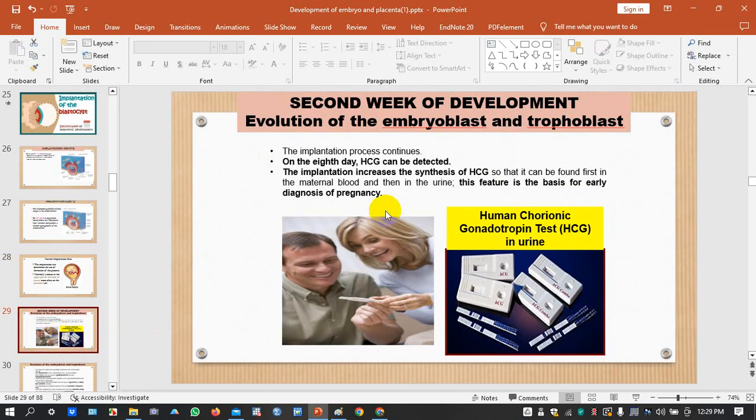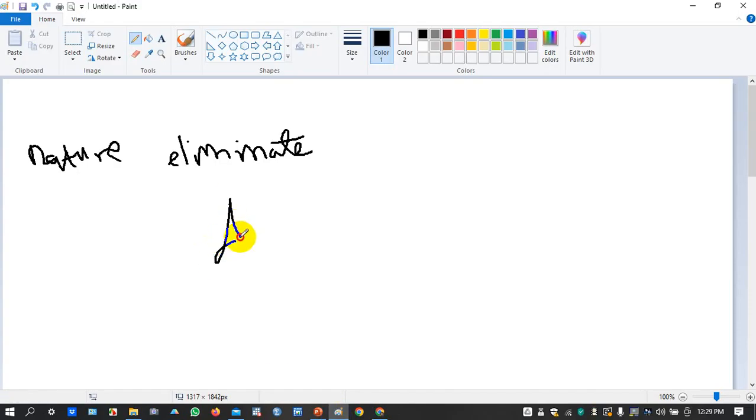Okay, so the pregnancy test, the women know it. This is the hormone human chorionic gonadotrophic hormone that we test for, and this is a direct ELISA method. We test it using the direct ELISA, that's enzyme linked immunosorbent assay.